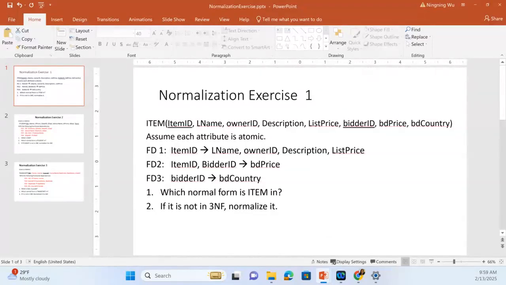Then the bidder ID. We may have multiple bidders, so we need to record the bidder ID, and also the price for each bidder, and then the country that bidders are from.